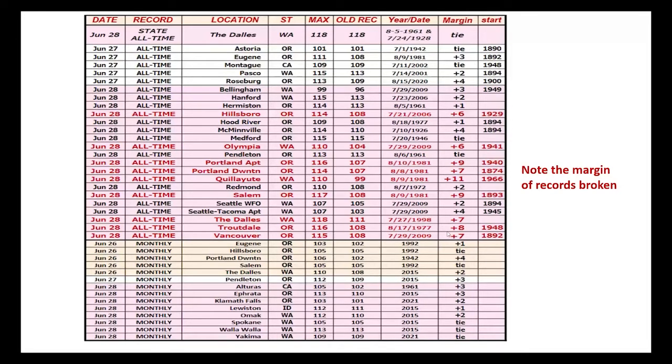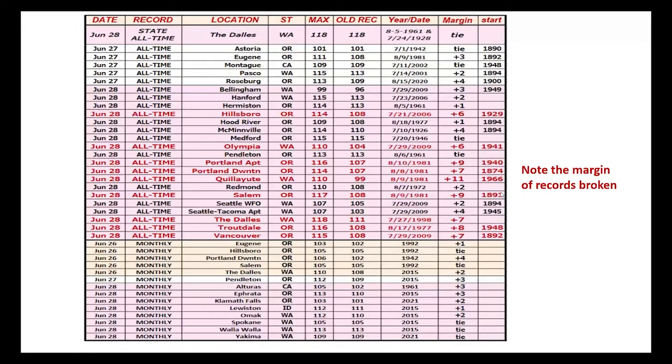You can see the margin here is really remarkable, a record-breaking heat wave, with the margin as high as 6 to 11 degrees above the previous record. And some of these periods of record go back pretty far. Downtown Portland, for example, back to the late 1800s.